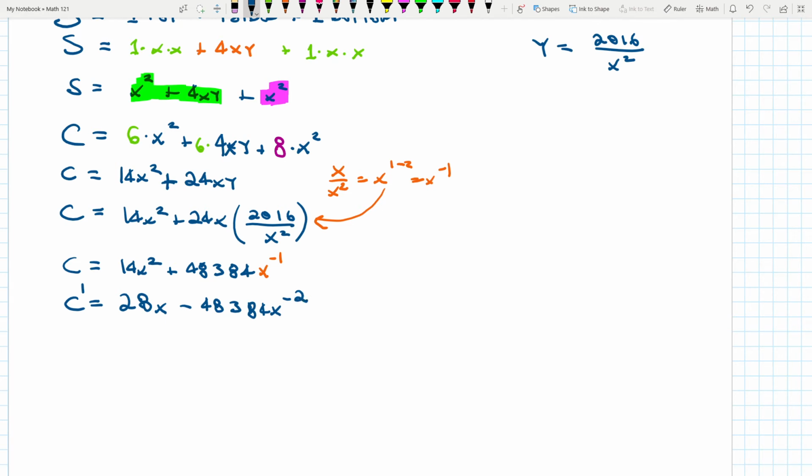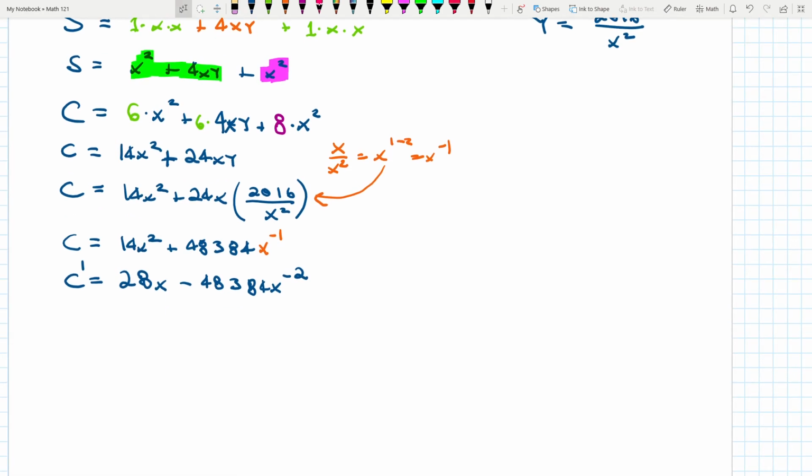In this case, as opposed to the previous examples in which we were able to see that the area function was a quadratic function with negative coefficients, an upside down parabola that had a maximum, it's not easy to tell by just looking at the function. So we will have to do the second derivative test to determine that this indeed will be a minimum, because that's what we want this time, minimize the cost.